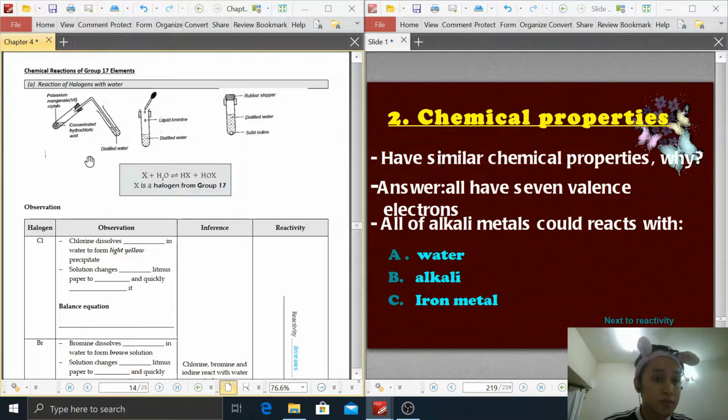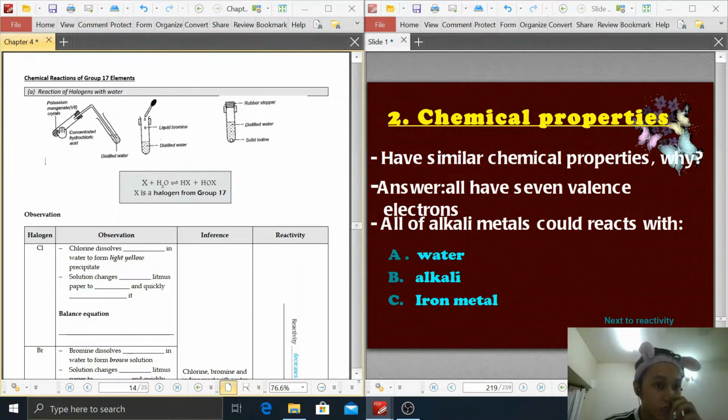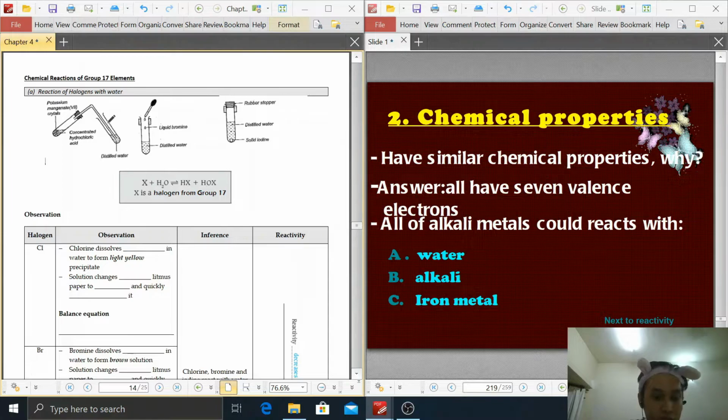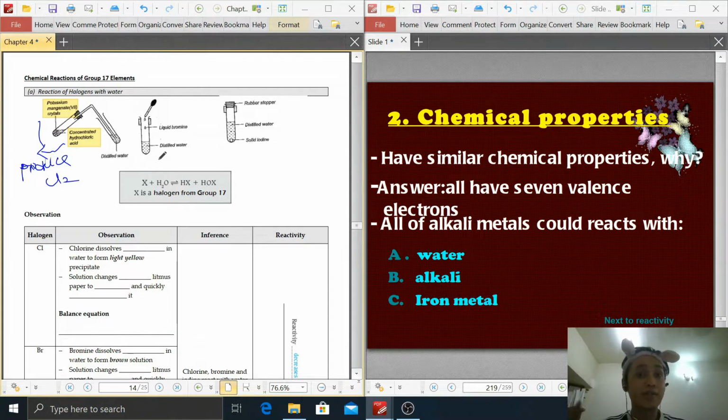Before that, the first part here. If you see, you have these two things right here: potassium manganate crystals and concentrated hydrochloric acid. The function of these two is to produce chlorine, because I already mentioned that they do not exist naturally.